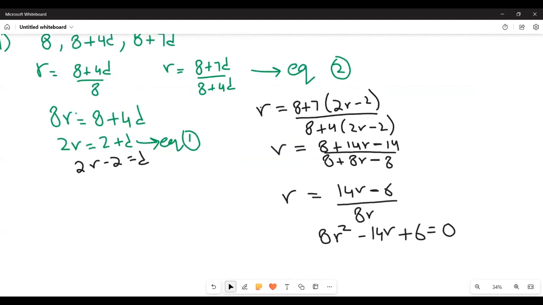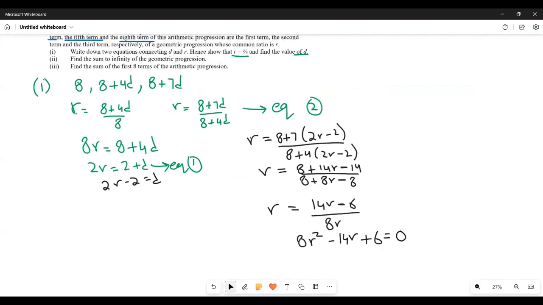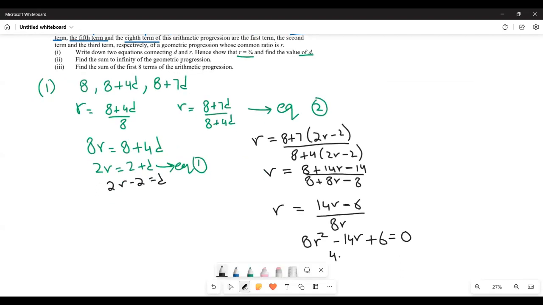You may use the quadratic formula or you may use middle term breaking, but you must show your complete working. Whatever you're doing, middle term breaking or completing the square, completing the square would be difficult. Tell me what values of R are coming from the quadratic formula. It will help if we divide both sides by 2 first. So 4R squared minus 7R plus 3 equals 0. Do middle term breaking.